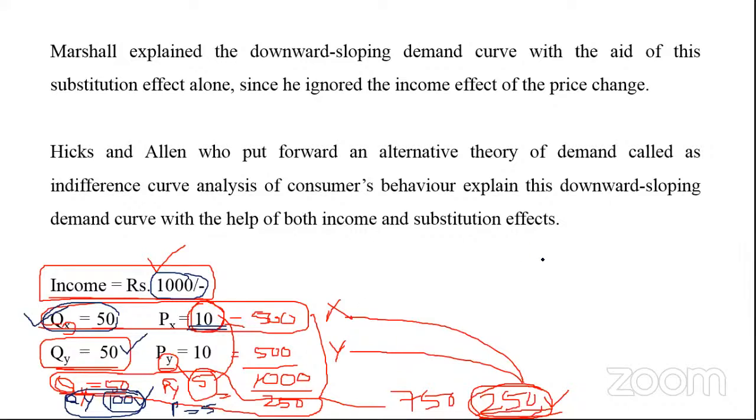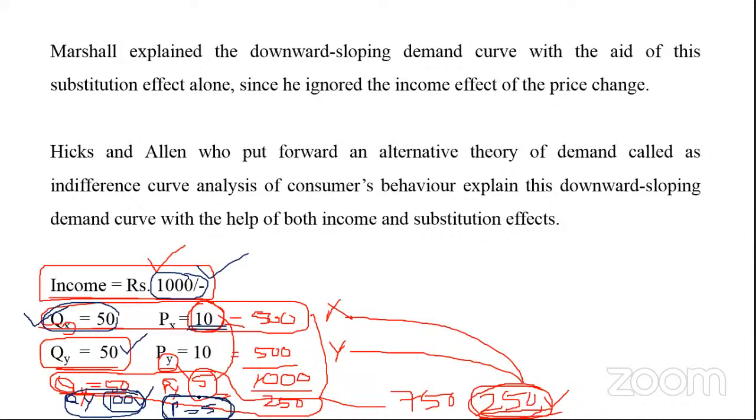The income remains the same, 1000 rupees, but he is capable of purchasing 50 X and 100 Y. Why? Because the price has fallen.